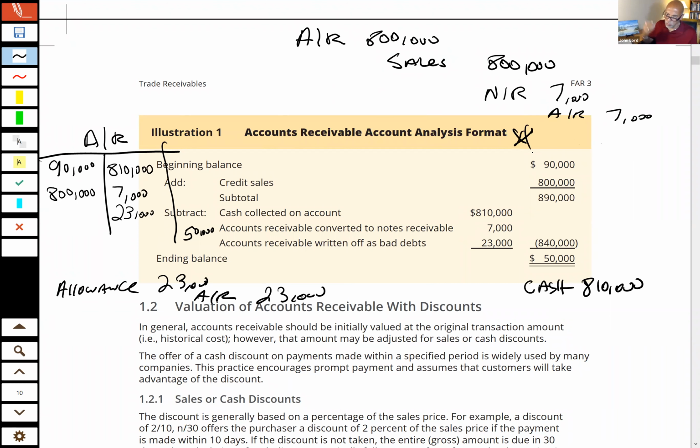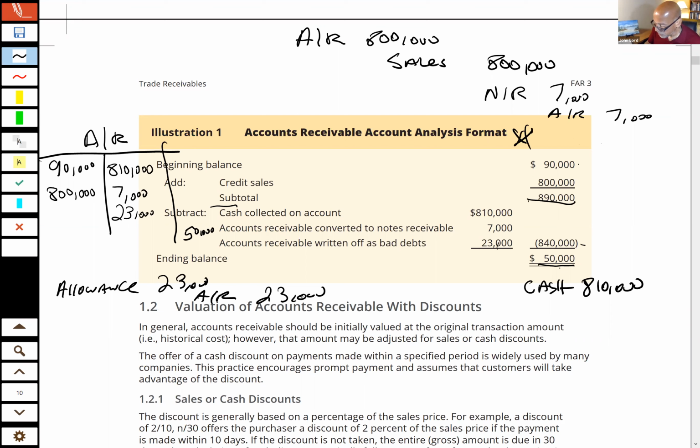They're going to ask you what the sales were, and you can't come up with the sales from T accounts. The way I do these is I do subtotals. So if the ending balance is given in the problem as 50, and these were the subtracts, totaling 840, then I must have had 890 before I added anything.